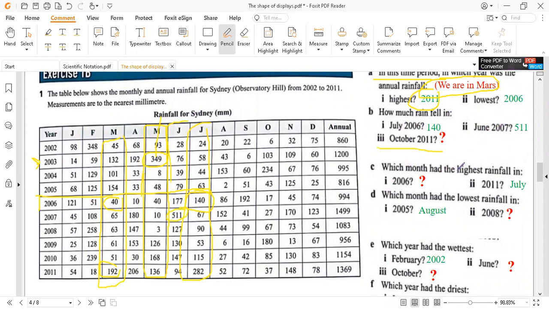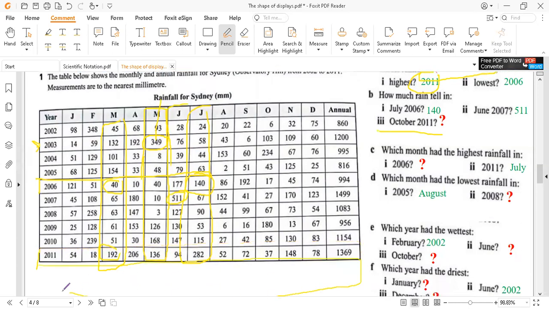Which month had the highest rainfall in 2011? We are interested in the last row with these values. We can clearly see that the highest value is here, 2,282, in July. So the month is July.